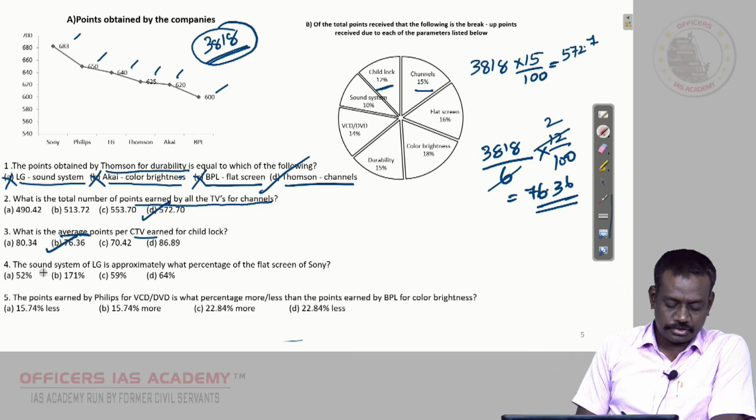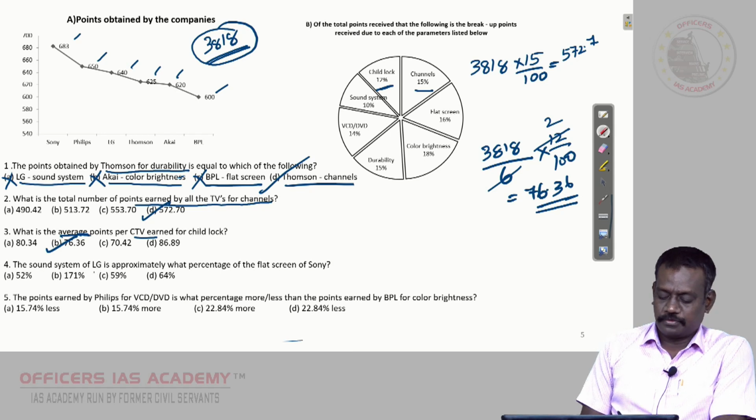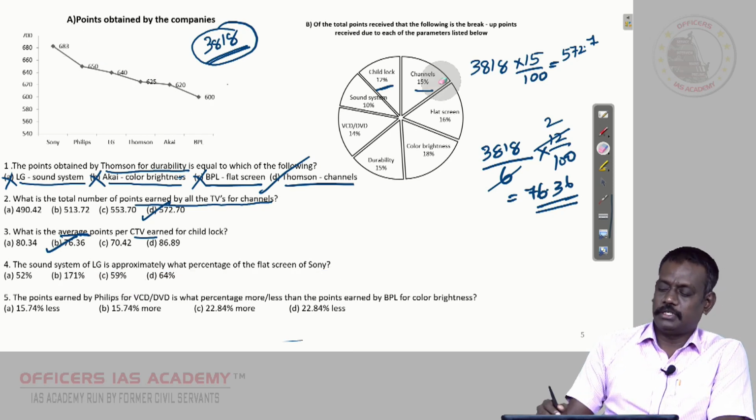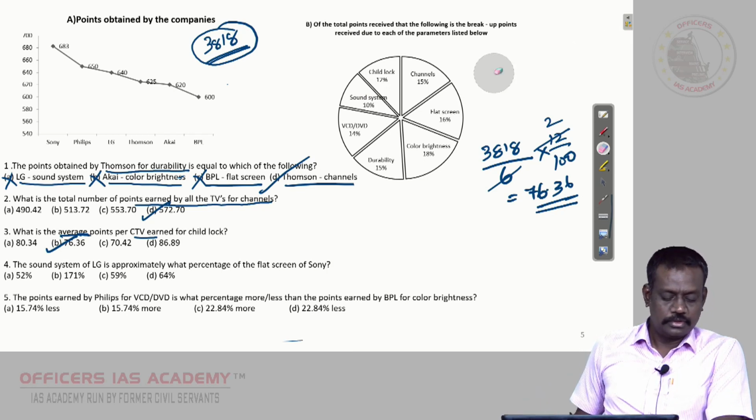The next question is, the sound system of LG is approximately what percentage of the flat screen of Sony? Okay, good, Tejaswini, very good. So you have to find the flat screen of Sony, and the sound system of LG.